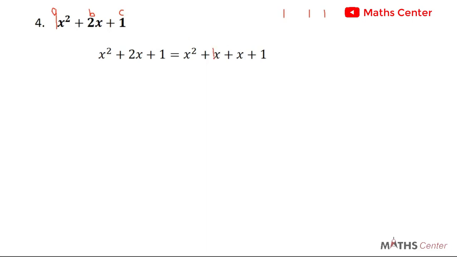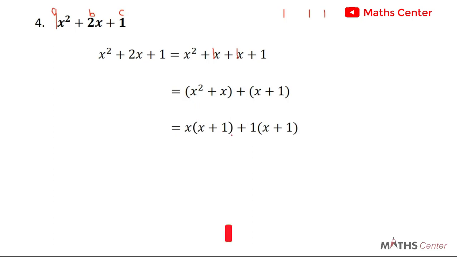So we have 1x and 1x. We know that 1x is the same as x. So you put the brackets around it and you factorize. So here you factorize x out. You are going to get x out, x plus 1 in one bracket, then plus you have x plus 1 in the other bracket.